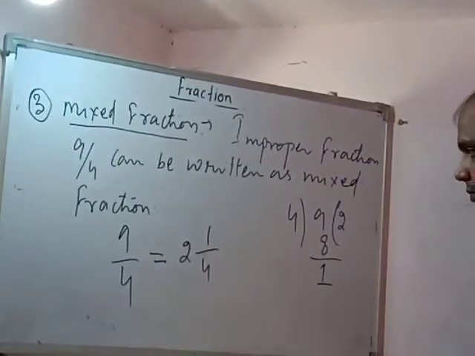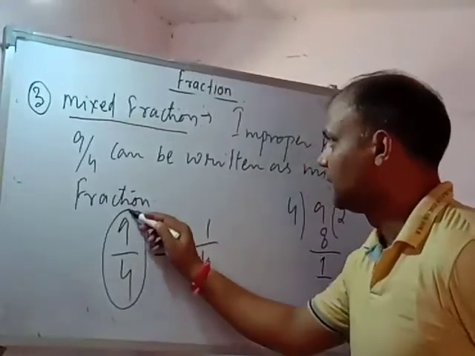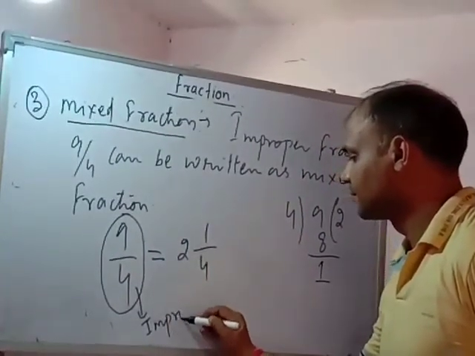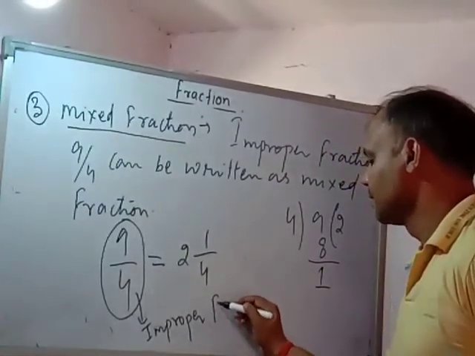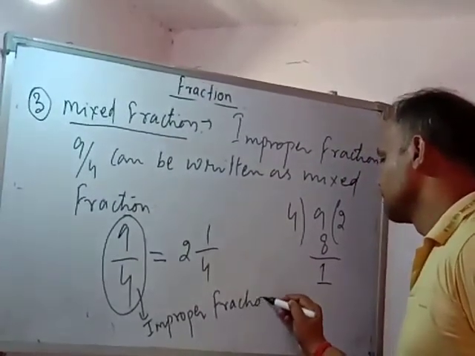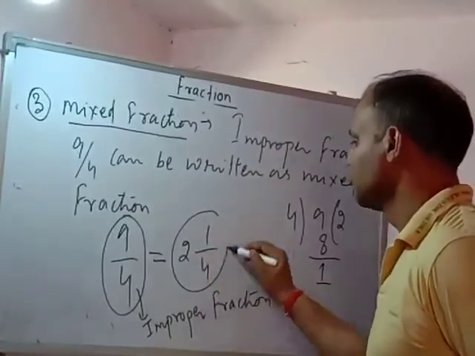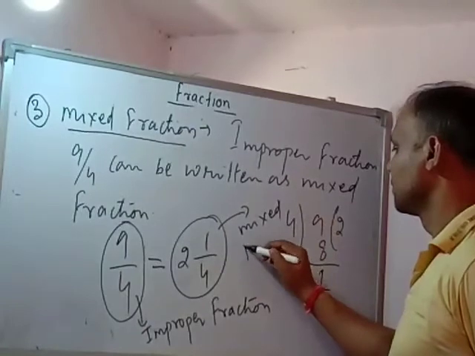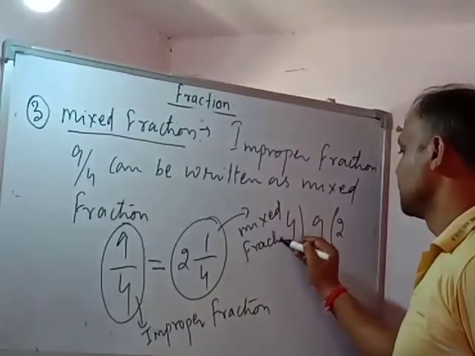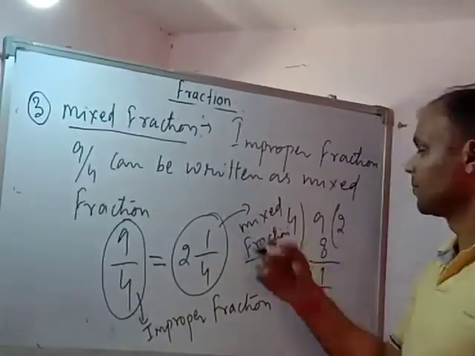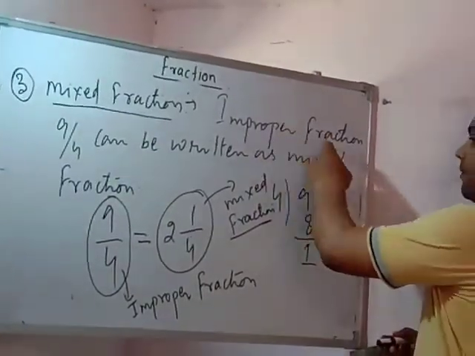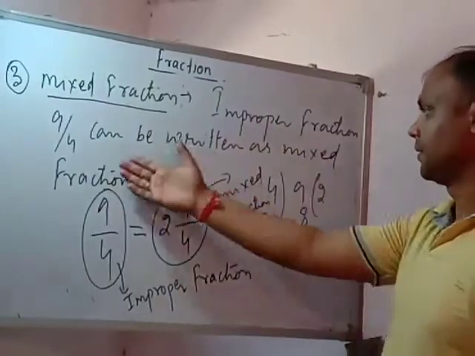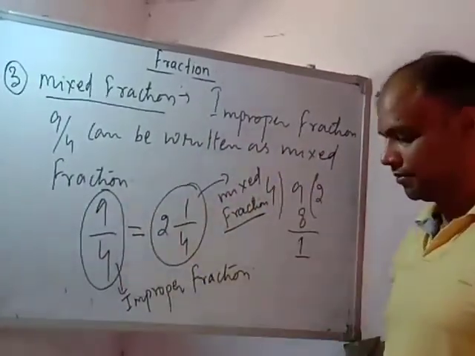Now see here, this is the improper fraction and this is the mixed fraction. So I have changed from improper fraction to mixed fraction. In this way, an improper fraction can easily be converted into a mixed fraction.